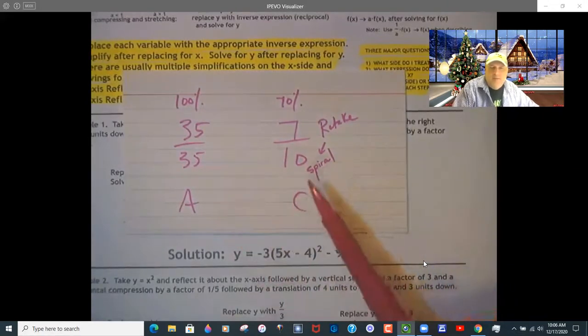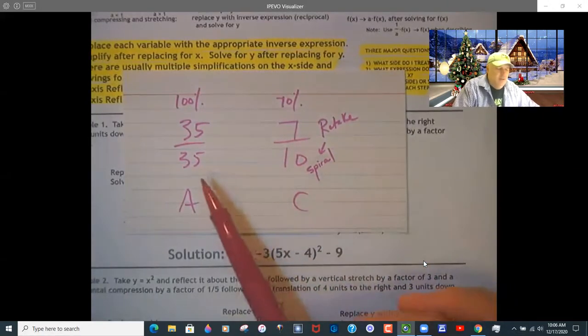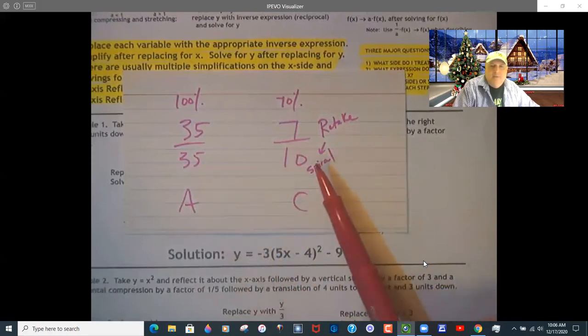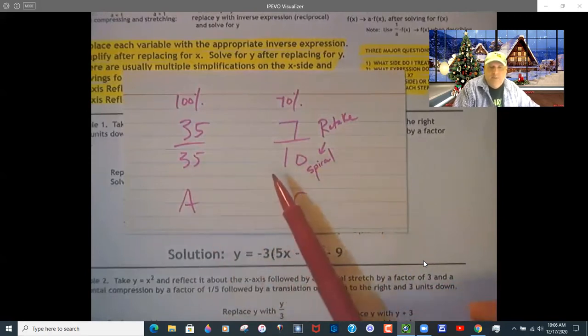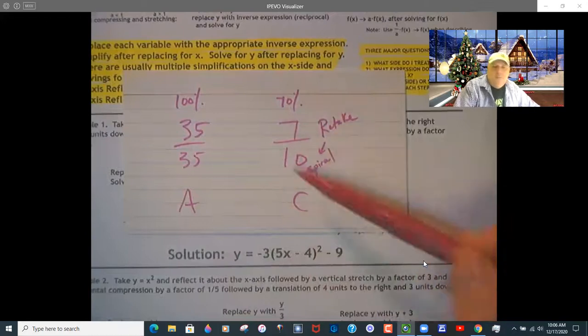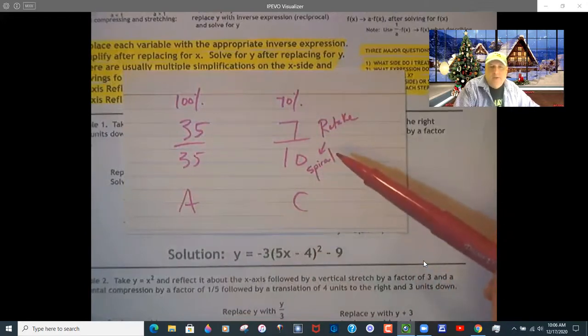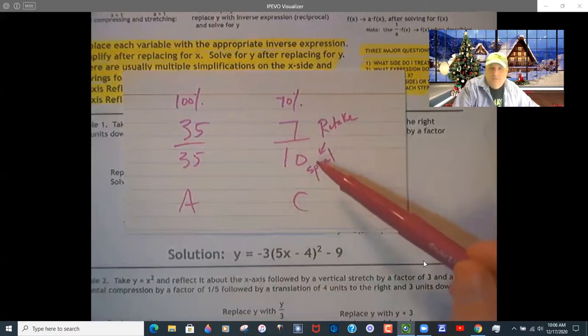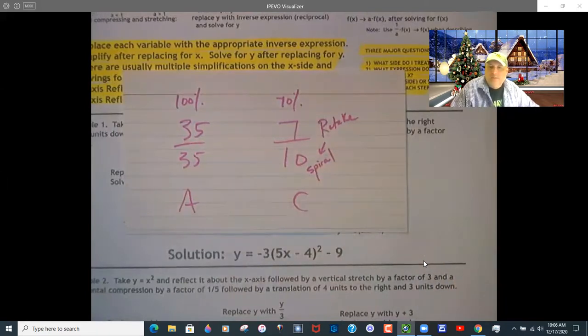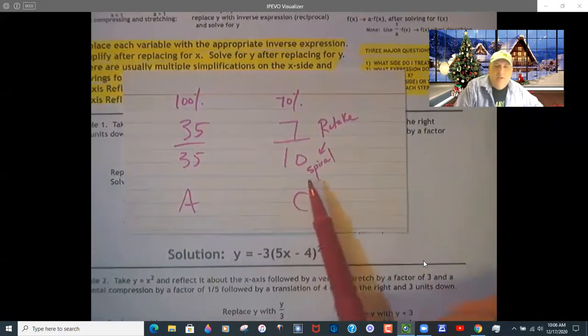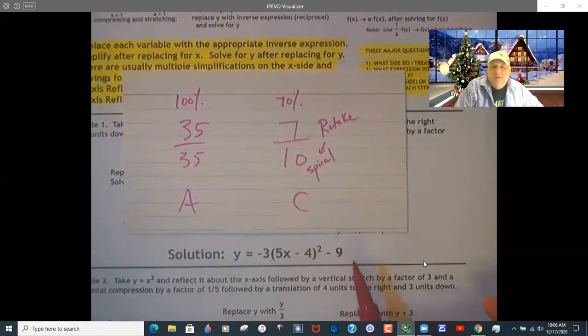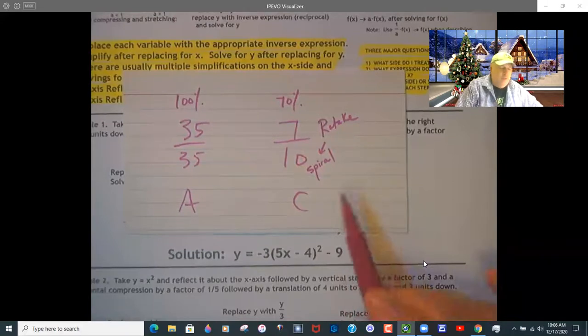If you got these two grades, let's say a 35 out of 35 and a 7 out of 10, that's going to average to a B for right now until you get this spiral up to 100%, which is where it's really meant to be, because it's just two review questions that you spend a little bit of time with. You should be able to figure things out. But just know, if you don't get 100% on the spiral, you need to retake it. And it's just two questions.